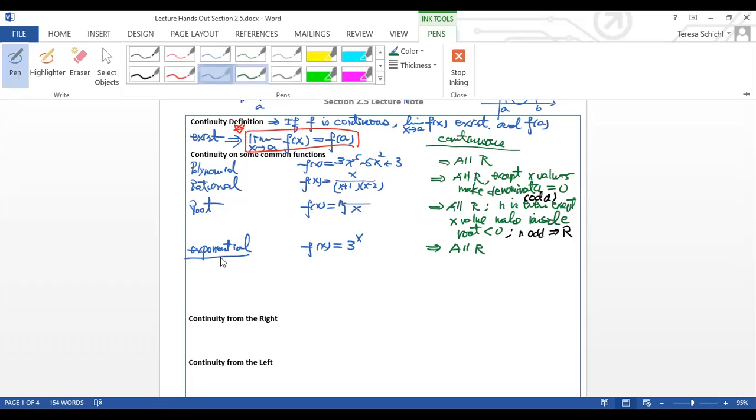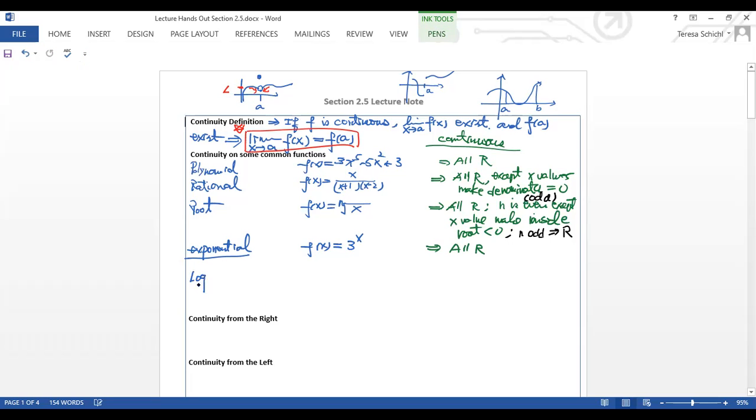The same thing here, let's take a look at the logarithm function, for example natural log x. What is the domain here? The x values have to make the inside of the log greater than 0, right?